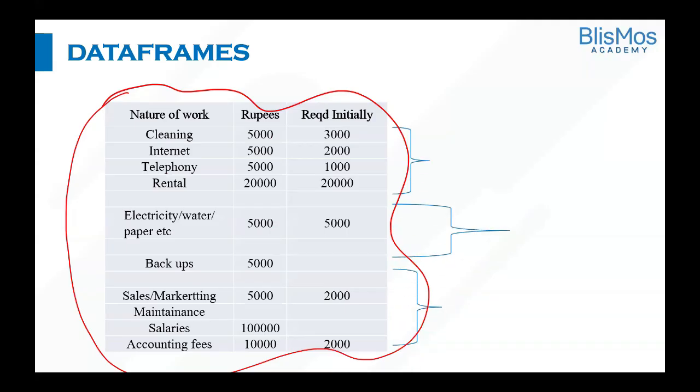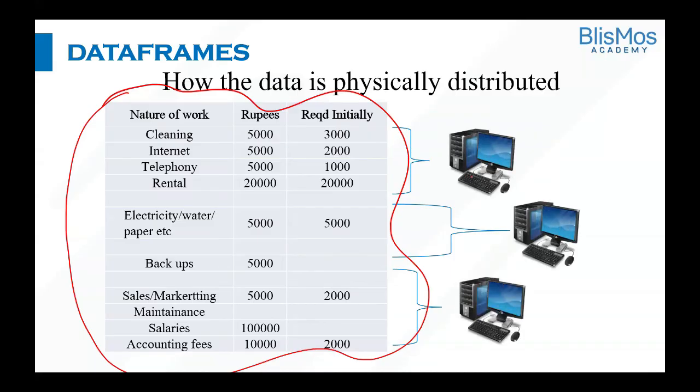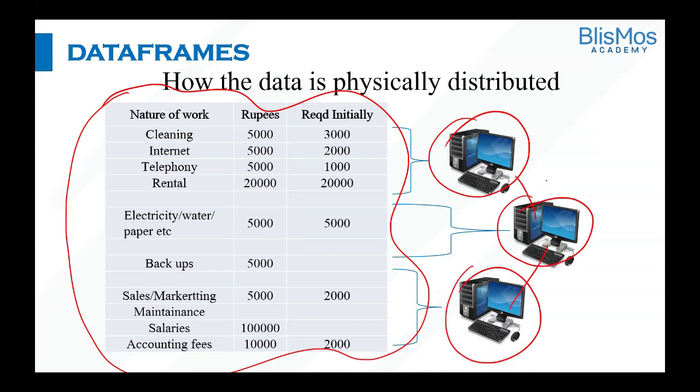Because Spark is a computing engine for parallel processing, the data in a DataFrame is distributed across different systems which are connected over a network. The reason I covered distributed storage and distributed processing was to make you understand this.